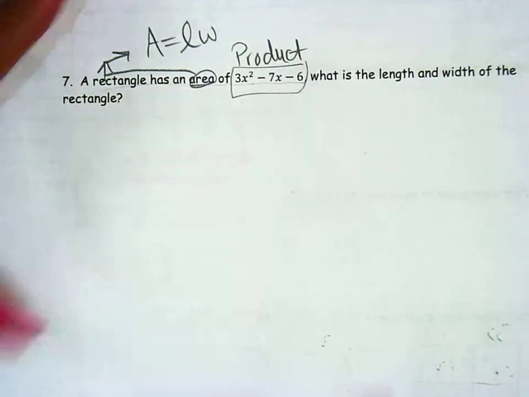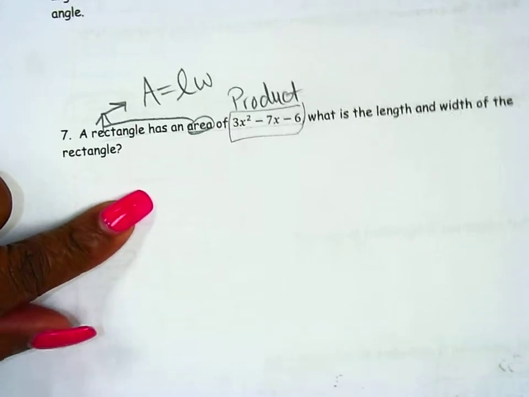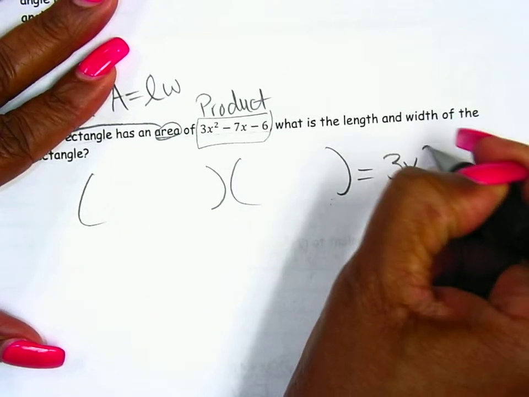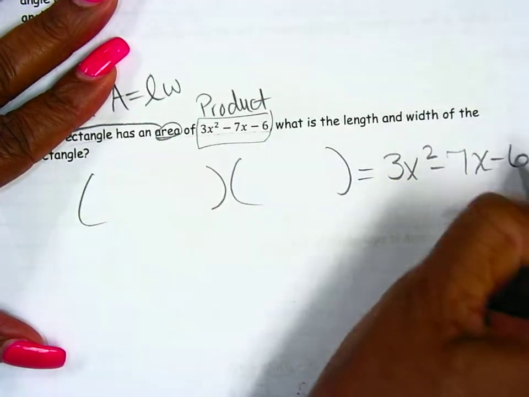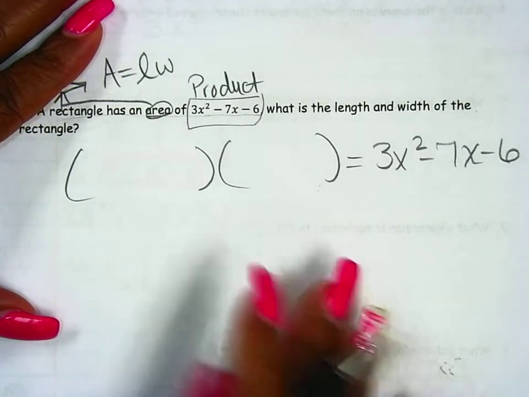That's why I said number 4 and number 7 connect. We're looking for what we are going to multiply together to get 3x squared minus 7x minus 6. You do the same thing.